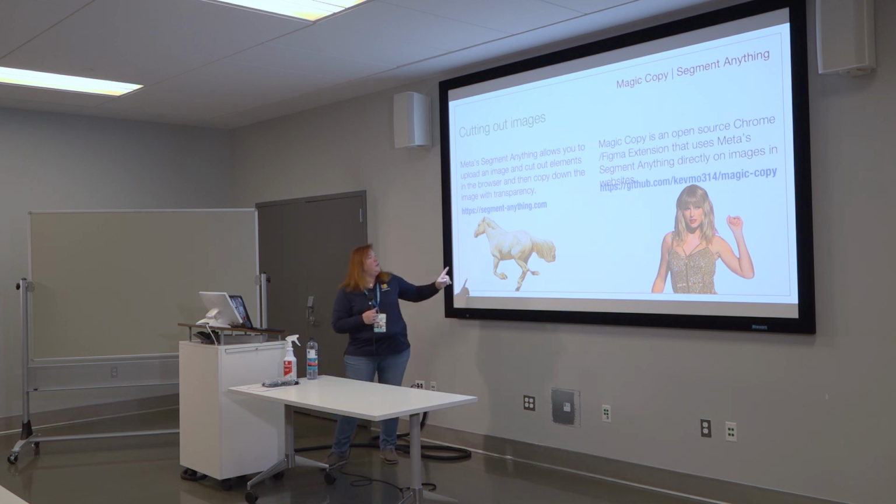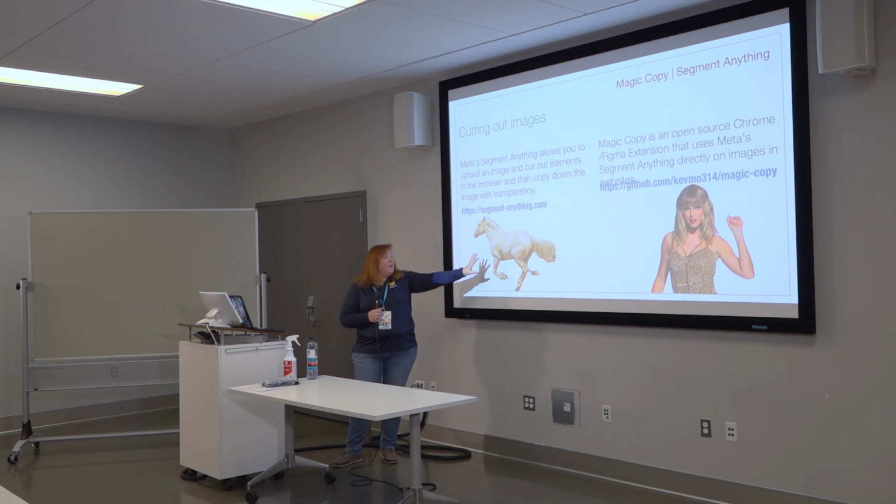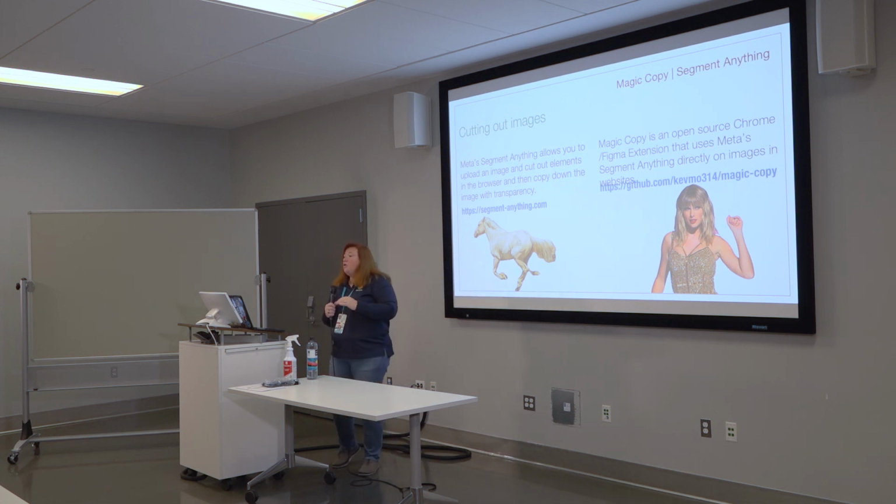But there are some tools now. This is a Microsoft tool, by the way, Segment Anything. If you go to their website, you can cut out pieces of images. You don't have to have Photoshop or some other type of photo editing software to do this. You can do it right in the browser with this tool.